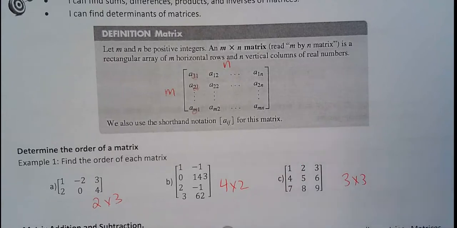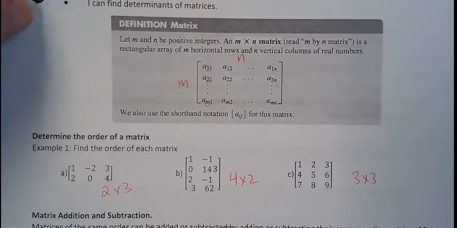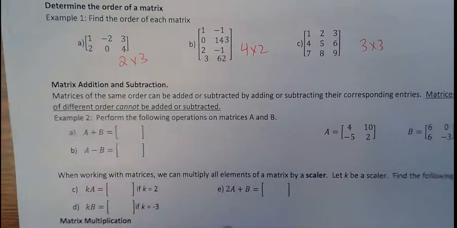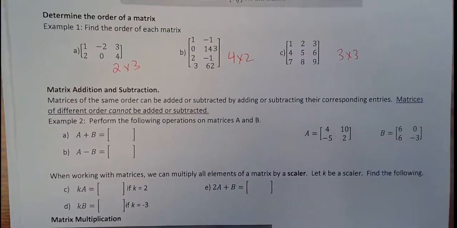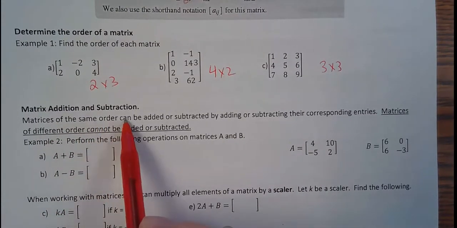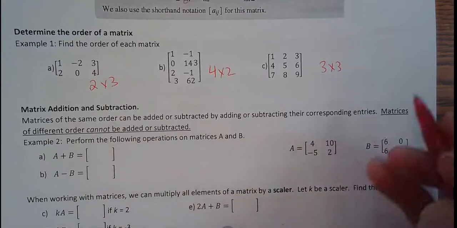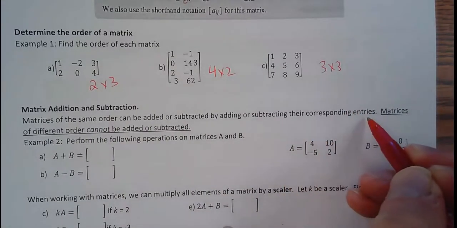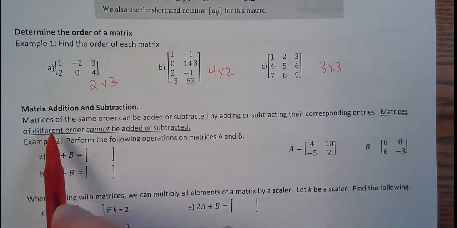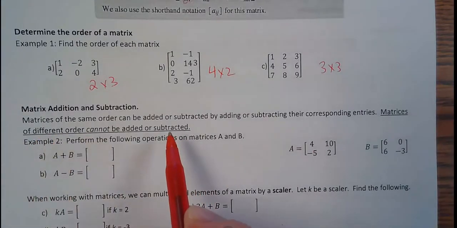There are a lot of things you can do with a square matrix that you can't necessarily do with other matrices. Now, addition and subtraction is about the way you would guess it. If I said go ahead and add these, and I didn't tell you how, you would probably guess the right way. Matrices of the same order can be added or subtracted by adding or subtracting their corresponding entries. What's very important is that matrices of different orders cannot be added or subtracted.